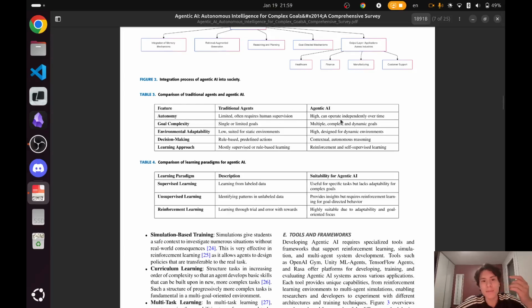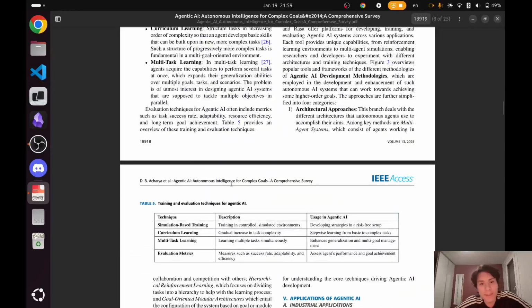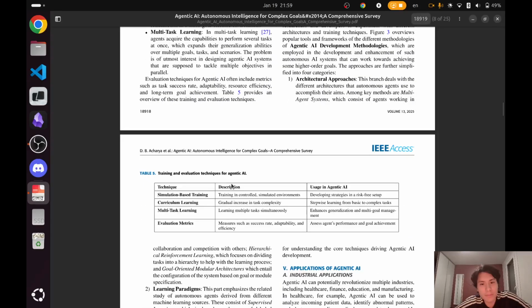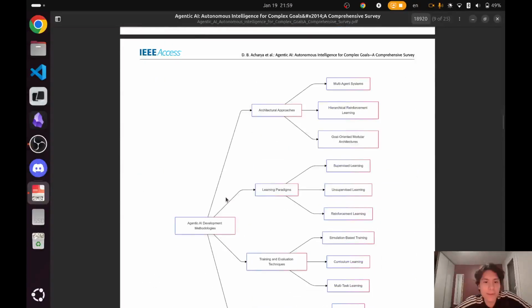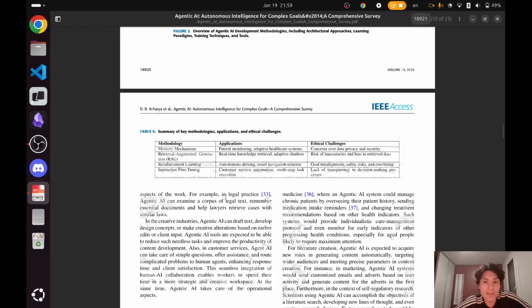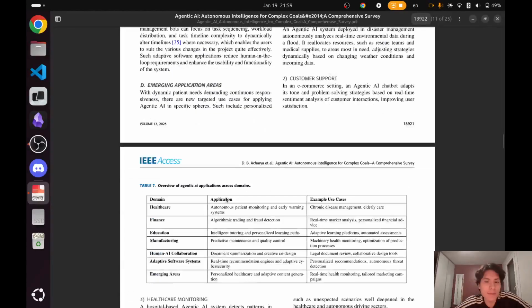This is a comparison of how well they perform, the traditional versus the agentic, in these features. And these are the metrics: the success rate, the adaptability, the efficiency, and so on.